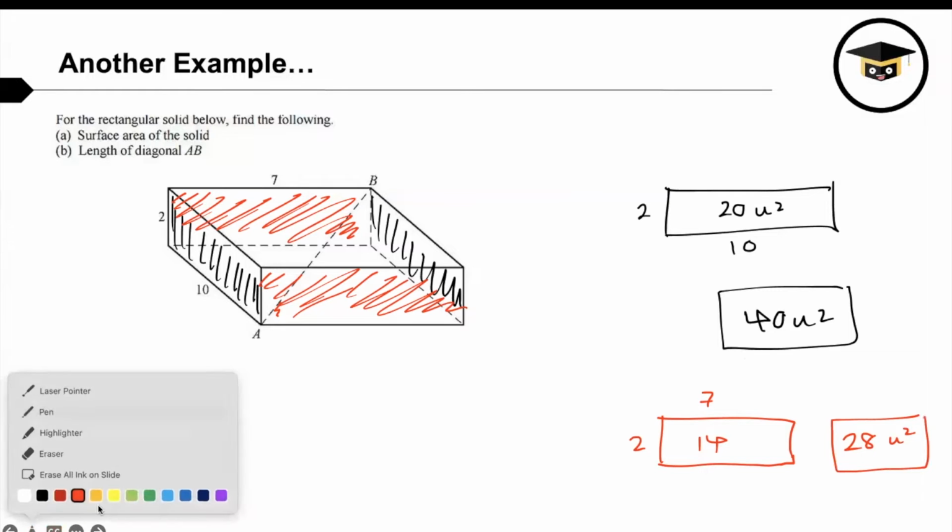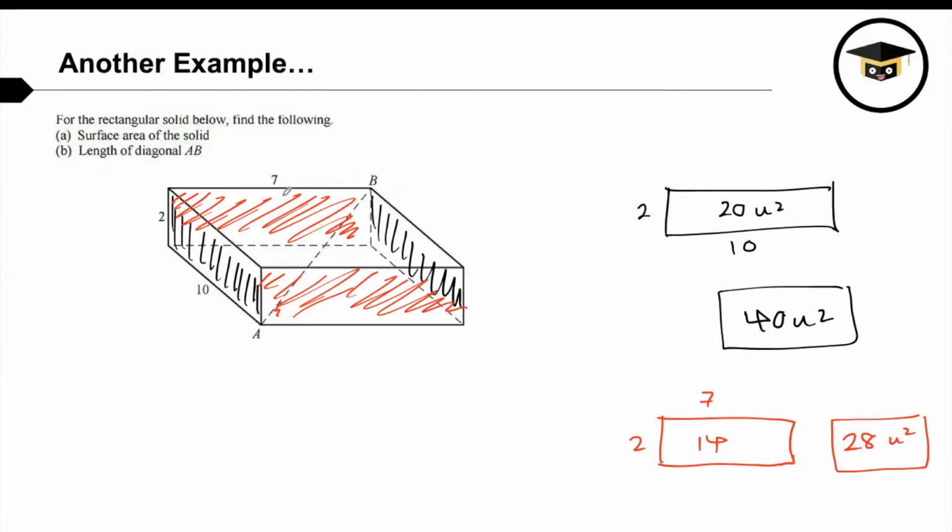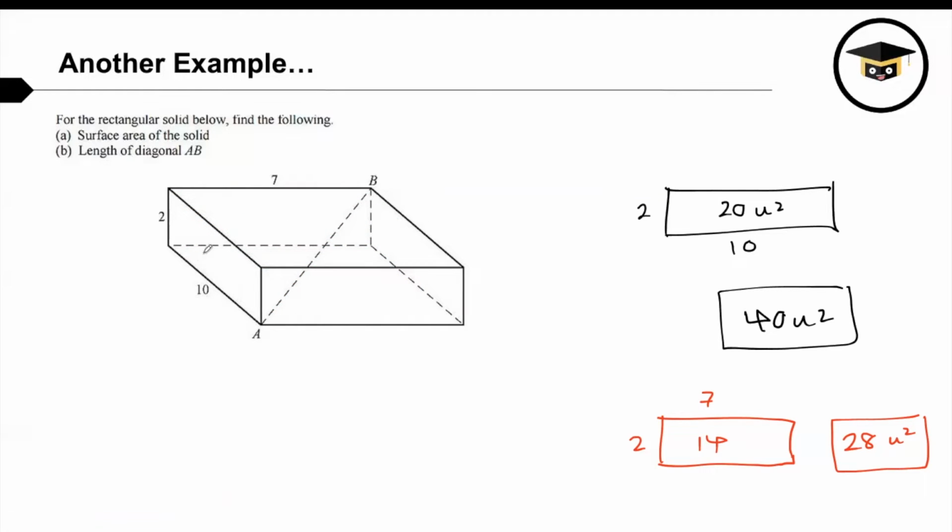And finally, when we add up the top face, it might be a bit difficult to see, but hopefully you can appreciate that there's a top face here, and there's also a bottom face at the bottom. In fact, it might be useful if I just erase the other ones and just show you like that. You can see there's a green face at the bottom, and there's also a green face at the top.